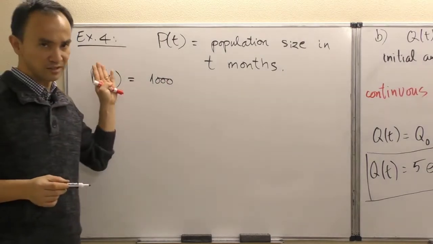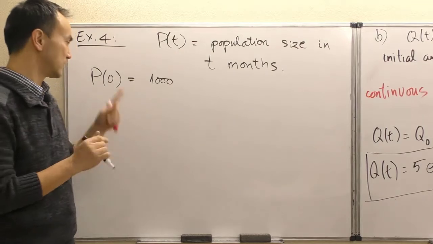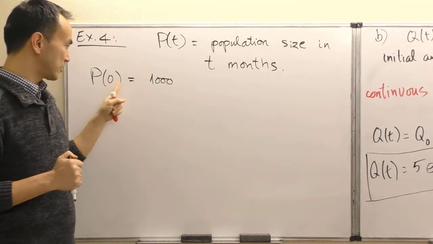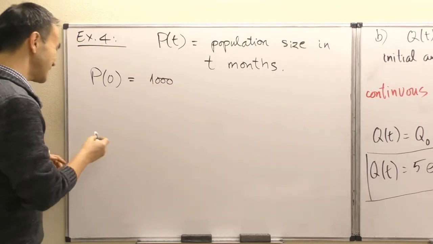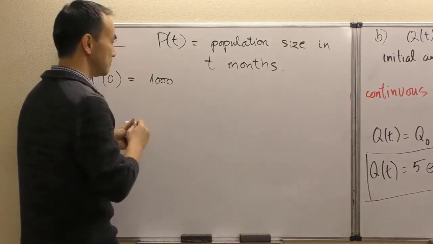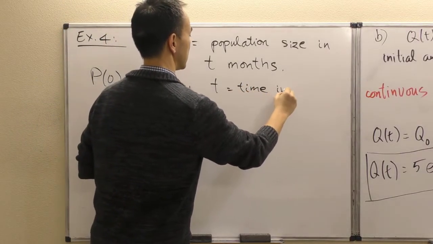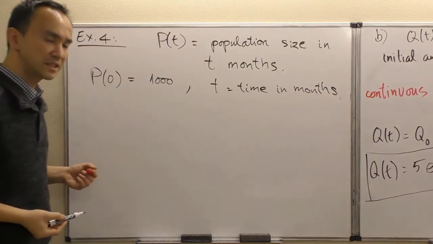So now I'm not gonna beat around the bush by writing down too much worded description anymore, but this is p sub 0, p of 0 equals 1,000, because that's the initial amount. All right, and then, yes, time is in months. T is time in months.